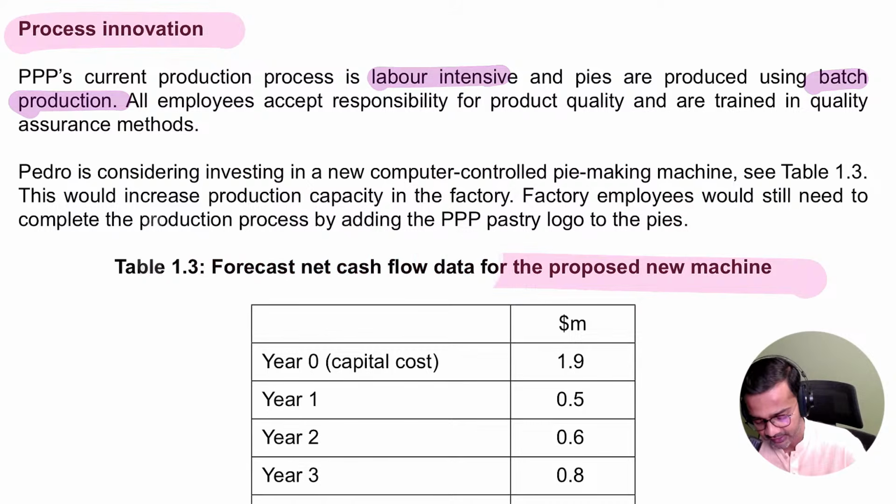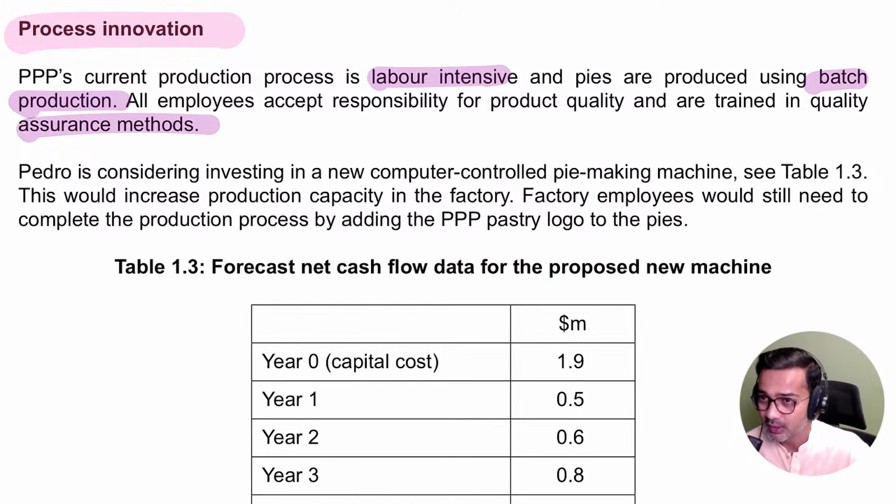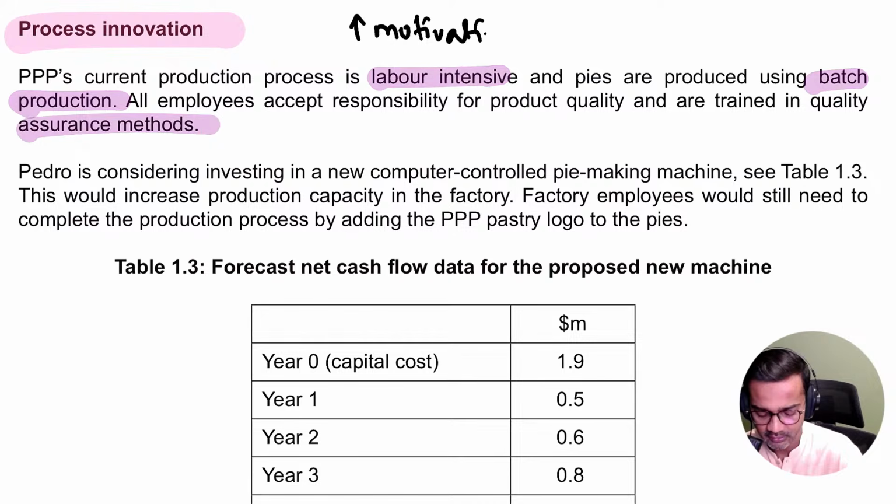So as we know, quality assurance is that each employee is tasked with checking the quality of product at each stage of production. So that's good for morale, that's good for motivation, it's worker participation, so motivation is high. I'm just going to write that down somewhere because they seem to be giving that hint a lot, that they have a happy workforce.